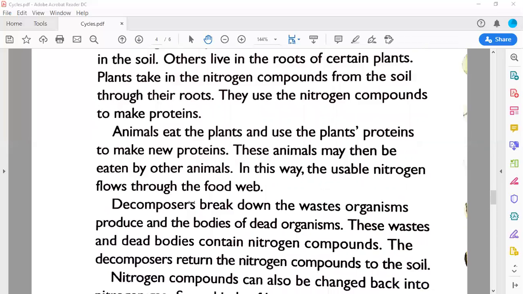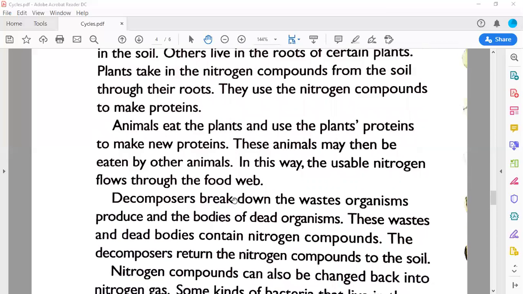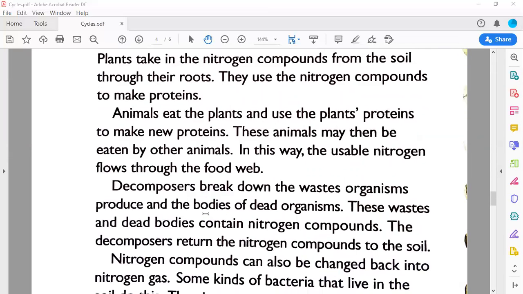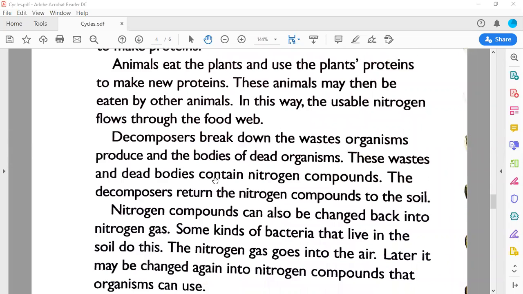And animals also, when they eat the plants, use the plants' proteins to make new proteins. These animals may then be eaten by other animals as well. And this way, the nitrogen is moving from one organism to another, okay? From the bacteria to the plant, and now from the plant to some animals, and so on. So in this case, the nitrogen is flowing through the food web, okay?